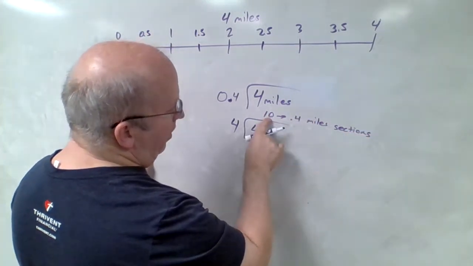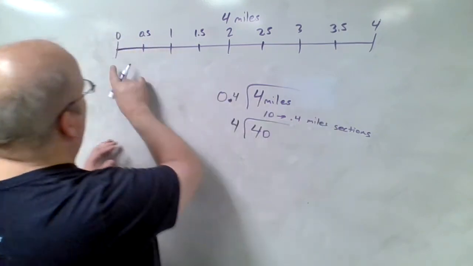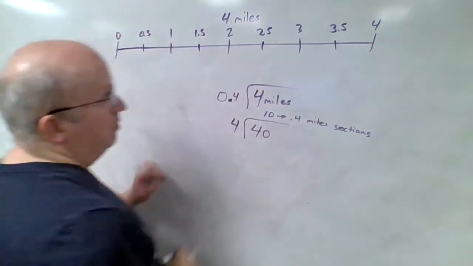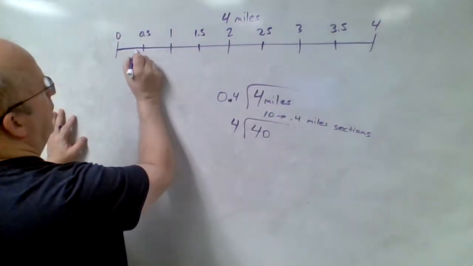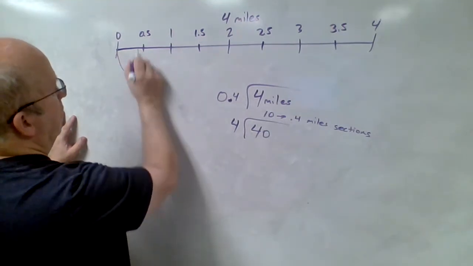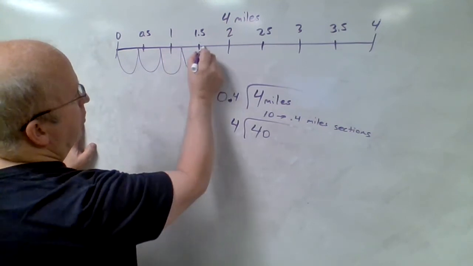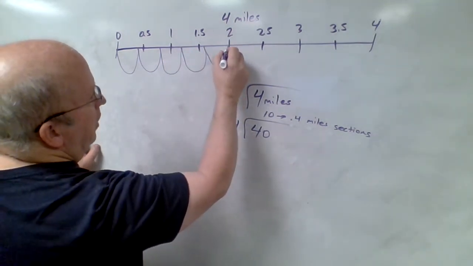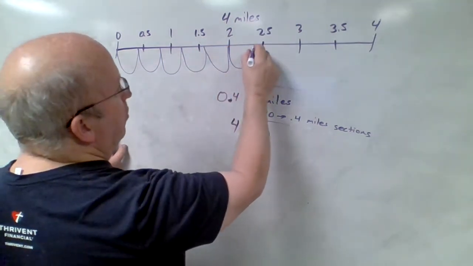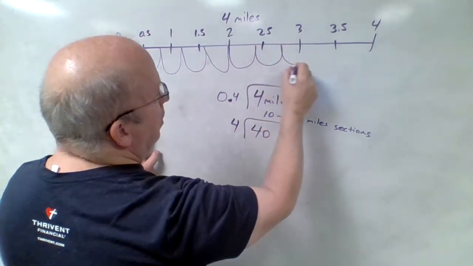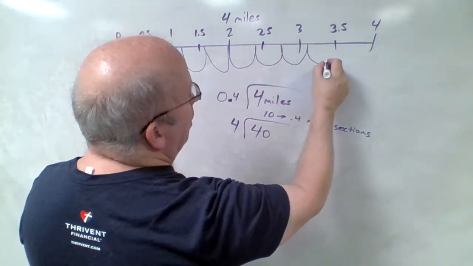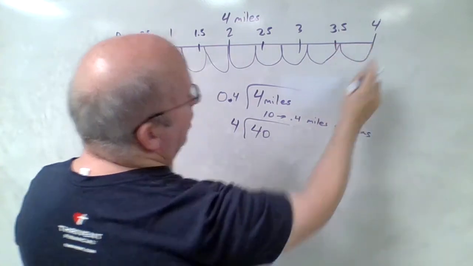There are 10 of these 0.4 mile sections from here to here. Because the first one would be right here, and the second one would be right here, third one would be right here, fourth one here, fifth one, and sixth one, seventh one, eighth one, ninth one, 10th one.